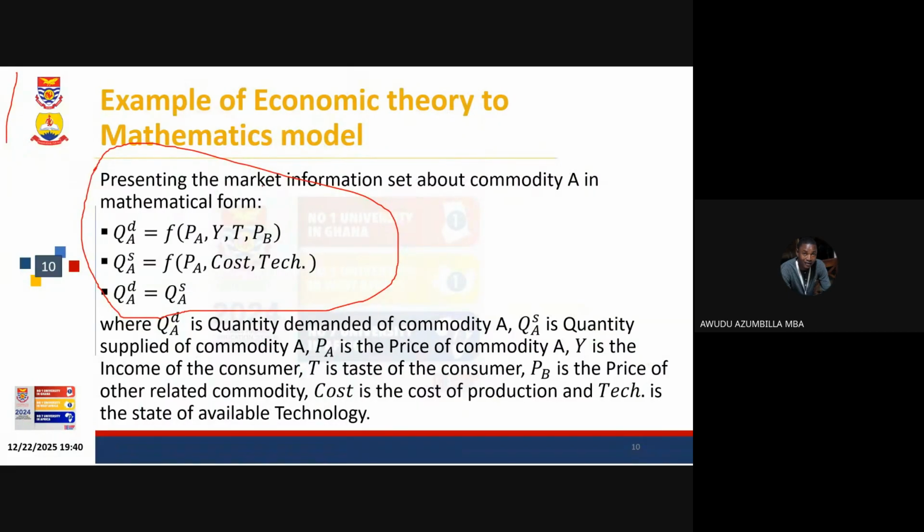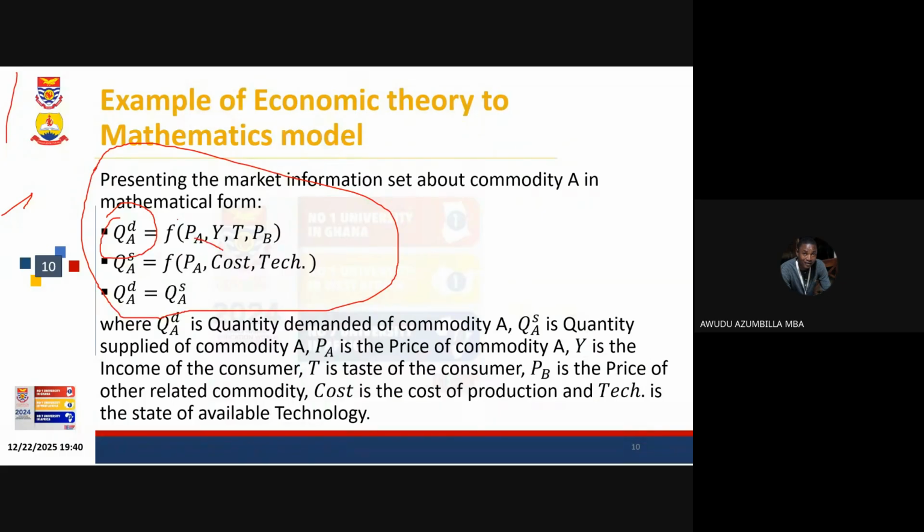The first theory was saying that the quantity demanded of a commodity A depends on the price of the commodity A, the income of the consumer, taste and preference, and the price of the other commodity. Now, instead of saying this long thing, we can use models, we can use equations, we can use functions to simplify it. So we can say that the quantity demanded, we represent it by this: quantity demanded of A is a function of PA.